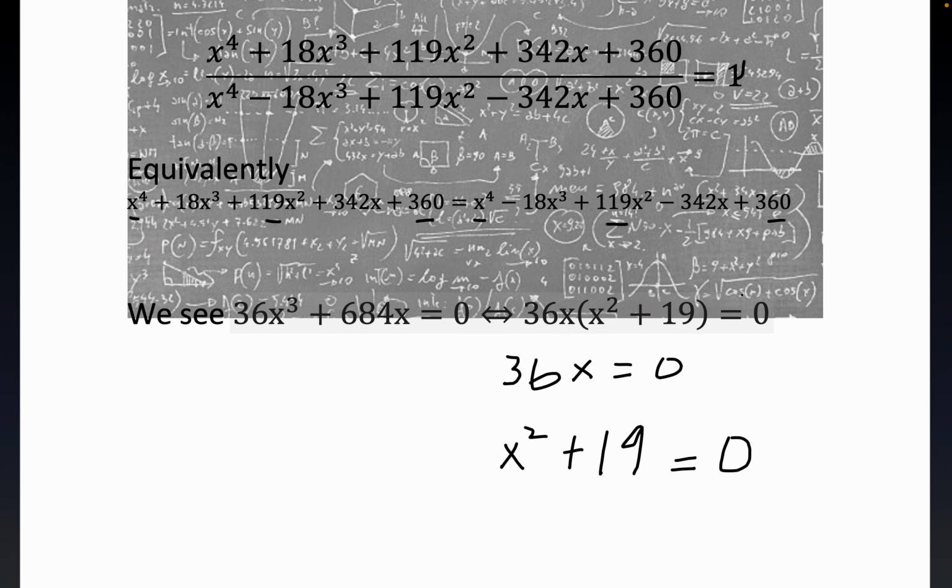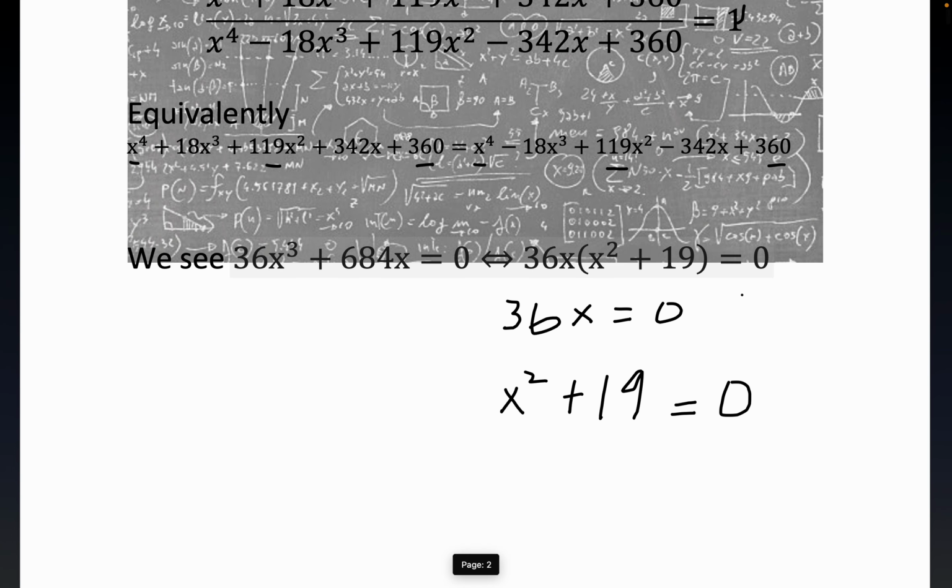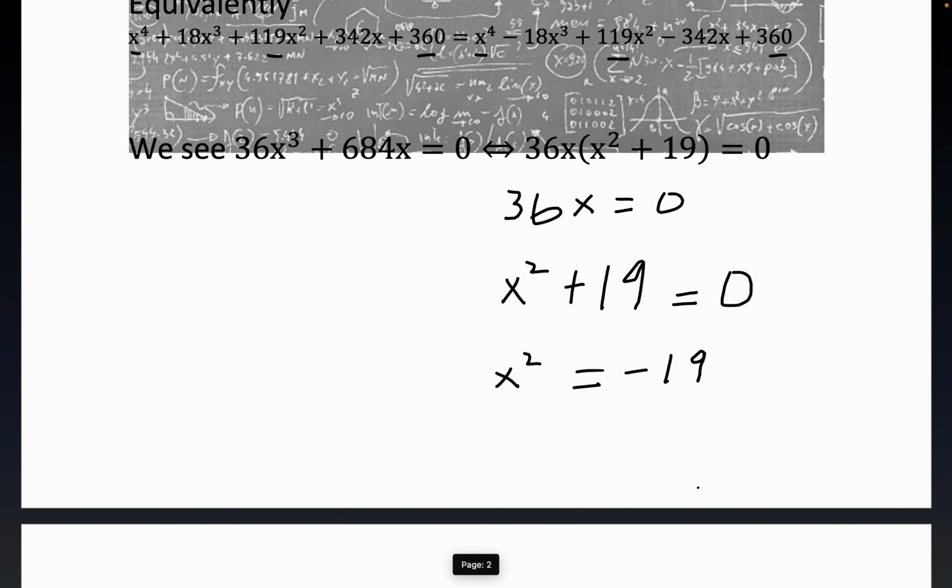All right. Now right here, let's see, what is that? That's fairly straightforward. We get x squared is equal to negative 19, right? And when you take the square roots of both sides, you'll get x is equal to plus or minus the square root of 19 times i.